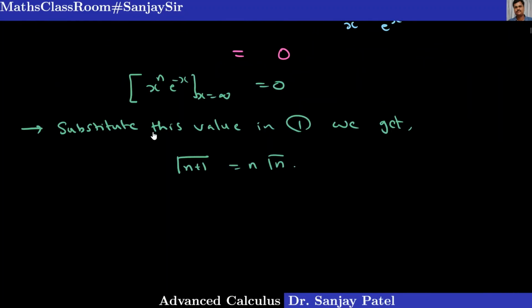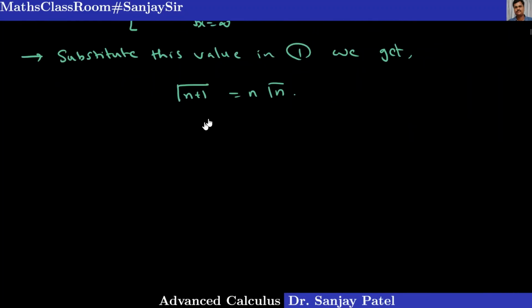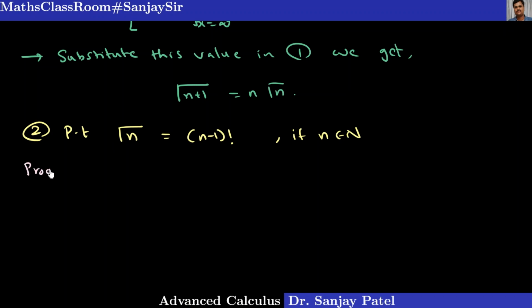So let me write that as our second result. Prove that gamma n is equal to n minus 1 factorial if n belongs to capital N. Okay. So the proof is again very easy. It follows from the above result.